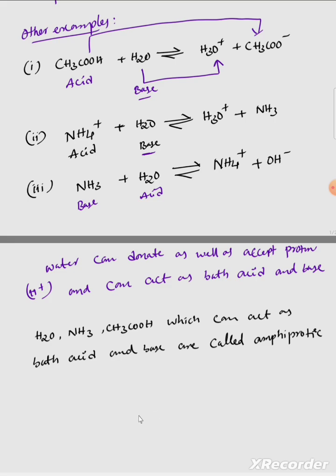Already we discussed protogenic and protophilic. Protogenic means proton releasing substance, protophilic means proton accepting substance, and amphiprotic means it can act as both donor and acceptor.